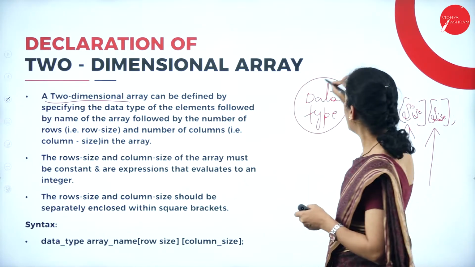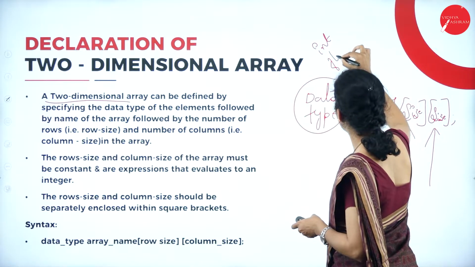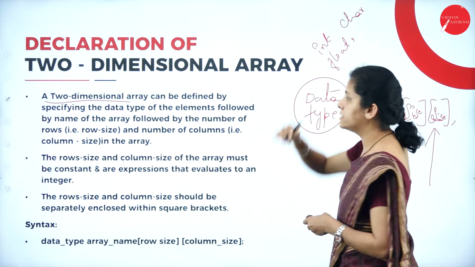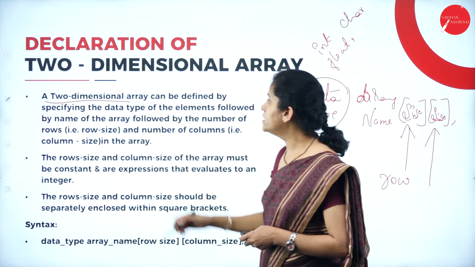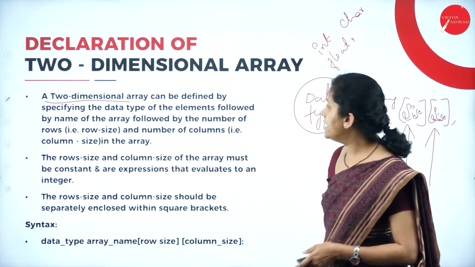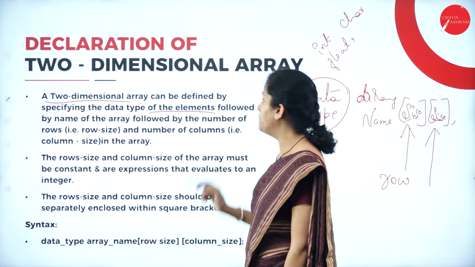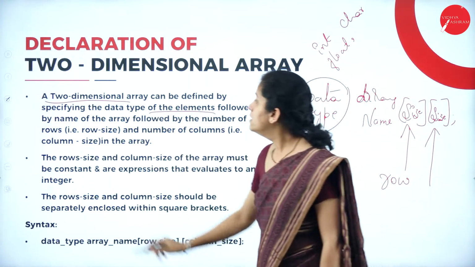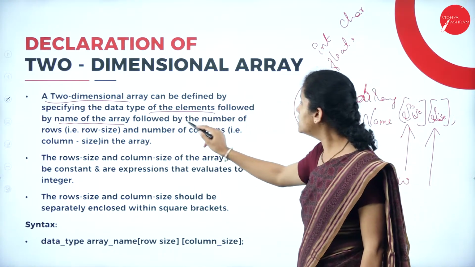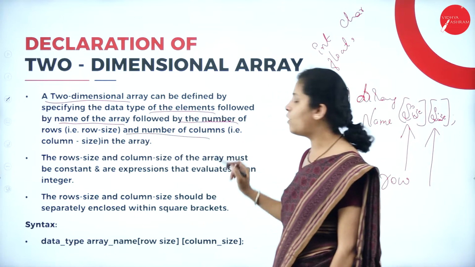For example, I can have int or float or character, etc. Here a two-dimensional array can be identified by specifying the data type of the element, followed by the name of the array, followed by the number of rows as well as the number of columns.